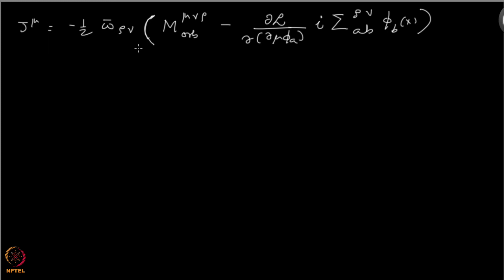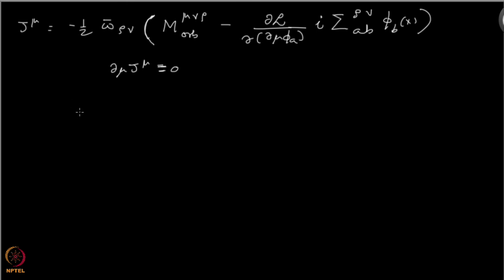Now, if I take del mu J mu, I should get 0, right, because J mu is conserved current. That's by construction. We are doing Noether's theorem.